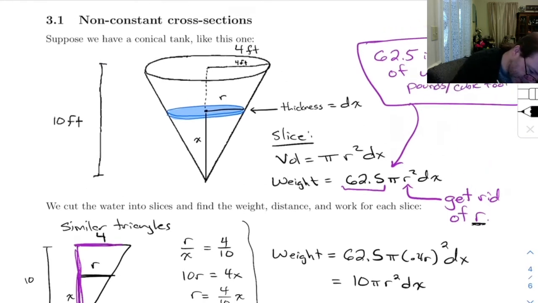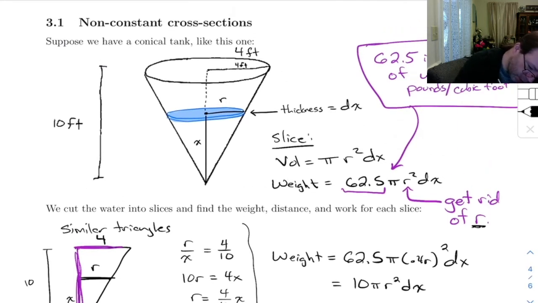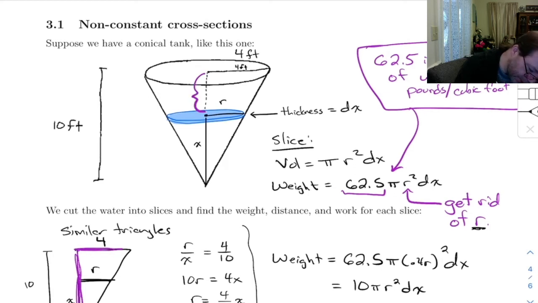So how far up does that slice have to be moved? Let's go back up to our diagram. What is that distance right there? If the total distance from bottom to top is 10, and that's x, this is going to be 10 minus x.